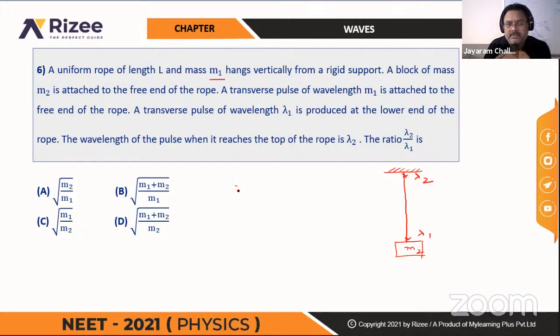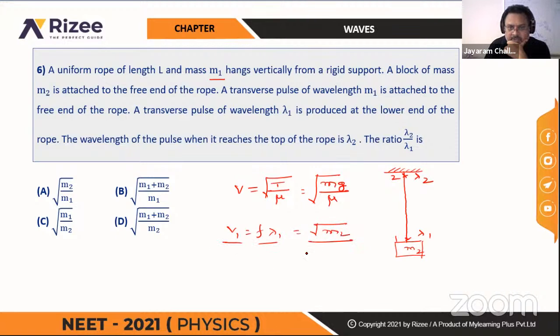The velocity of the wave is equal to root over tension by linear density mu. Tension can be written as mg by mu. Substituting at point 1 and point 2, v1 at point 1 can be written as frequency into lambda 1, equal to root over only m2 by mu; I'm going for the ratio here.